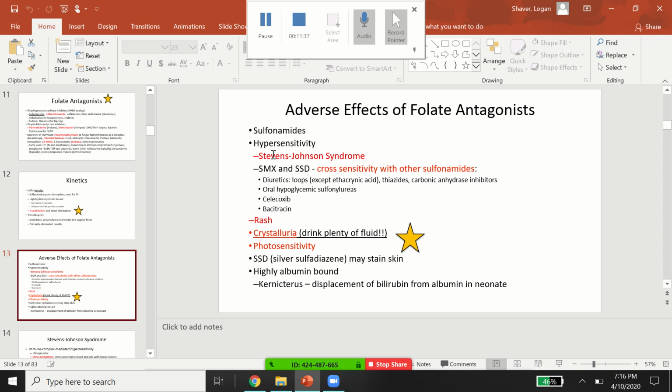And then also along with that, there's going to be cross sensitivity with other sulfonamides. So it's similar in a way to those fluoroquinolones that we were talking about, how they have cross reactivity or cross sensitivity. Along with that, you do have a rash with these, and you have crystalluria. So make sure you have plenty of fluid with that, because that basically just means you have a bunch of crystals in your urine.